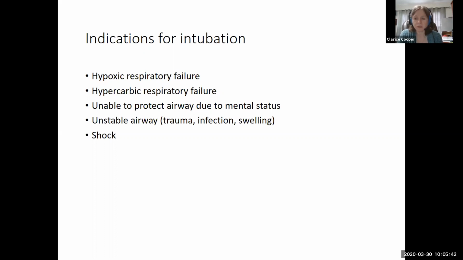In compensation for that metabolic acidosis, the patient tries to blow off CO2, so they become tachypneic. And at some point, that tachypnea turns into an increased work of breathing. They tire, and then they develop respiratory failure as such. So it's important to recognize shock as an indication for intubation.